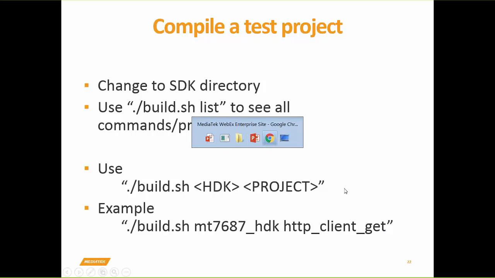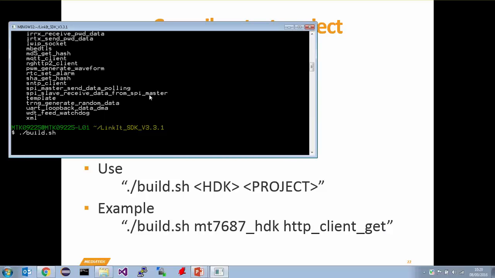So let's go to our console and we enter MT7687_HDK, and then the project http_client_get. We hit enter.